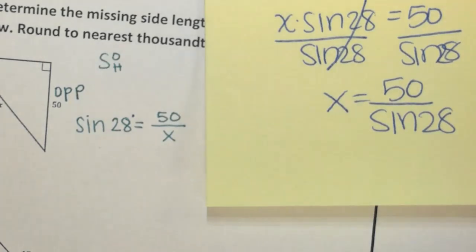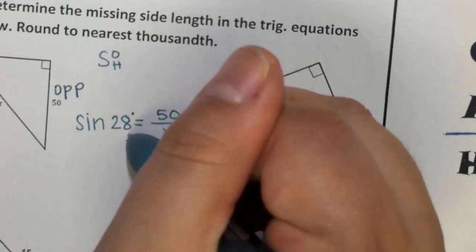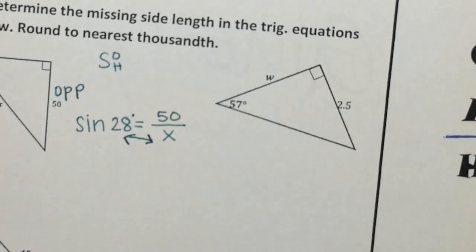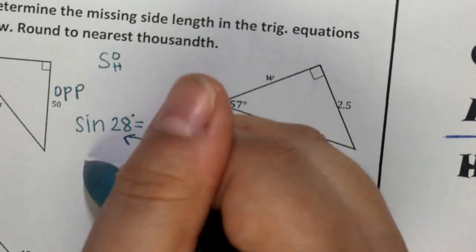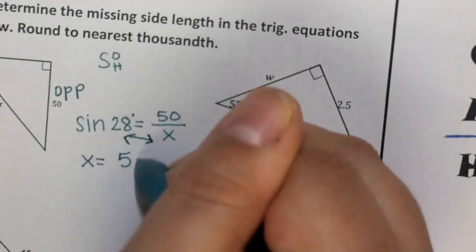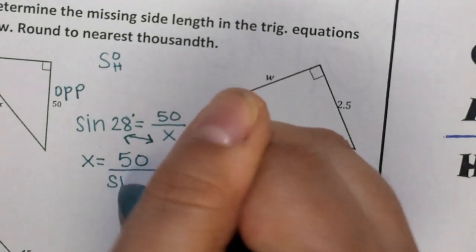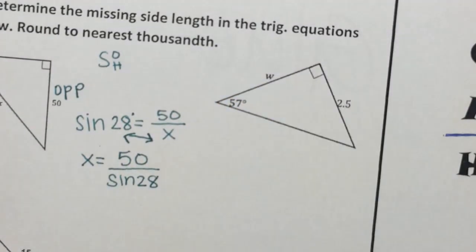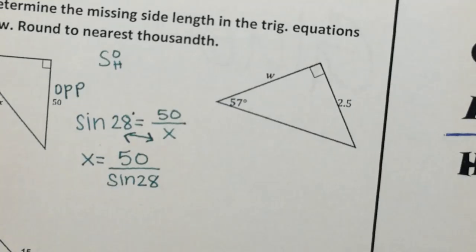So to save you time and lead, and to save me the trouble of having to read all your messy work, I am okay with you just doing this. X equals 50 over sine of 28. Will that work every single time? Yes. If x is on the bottom, it works every time.